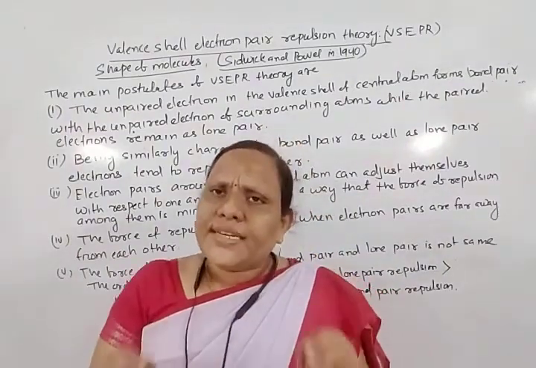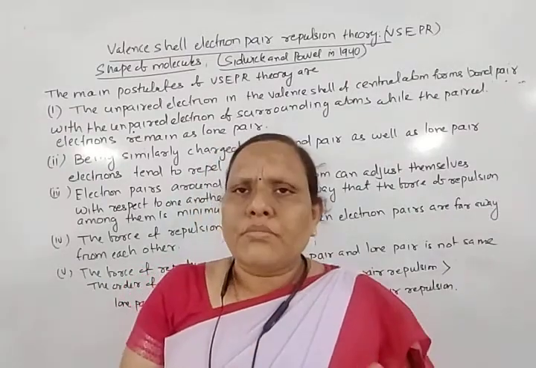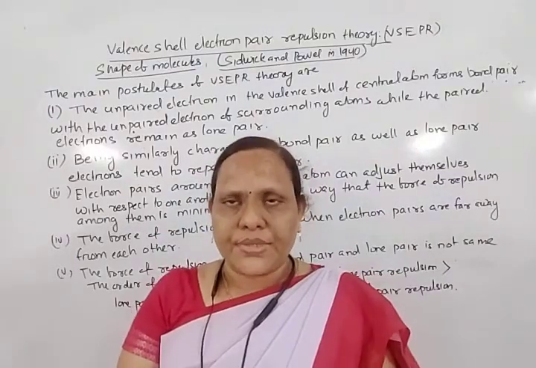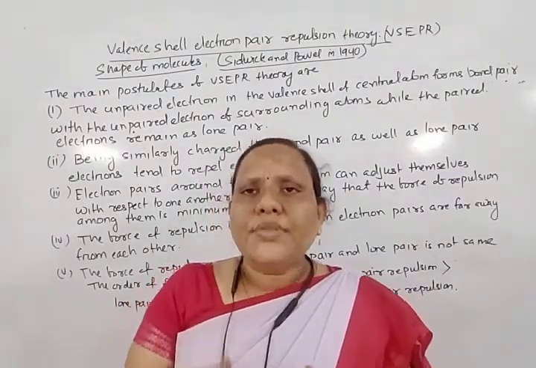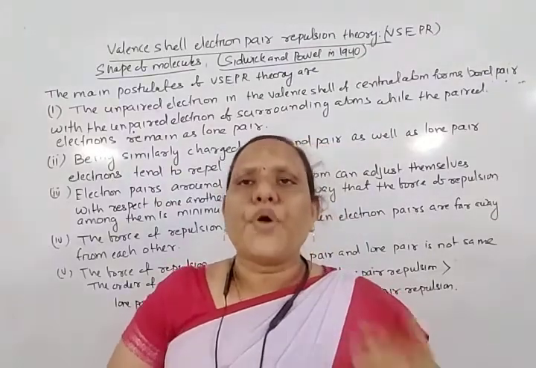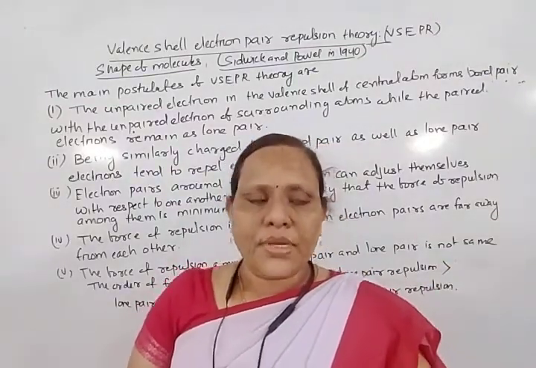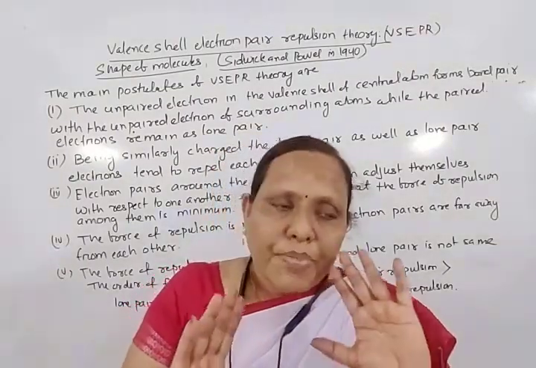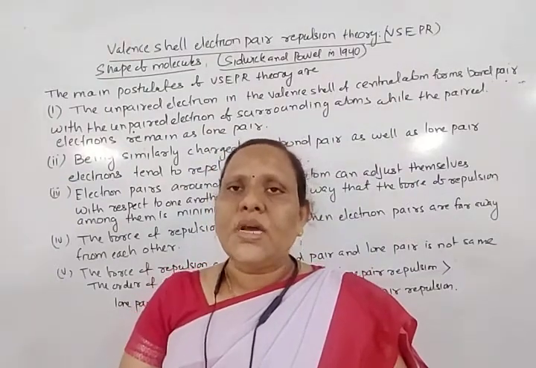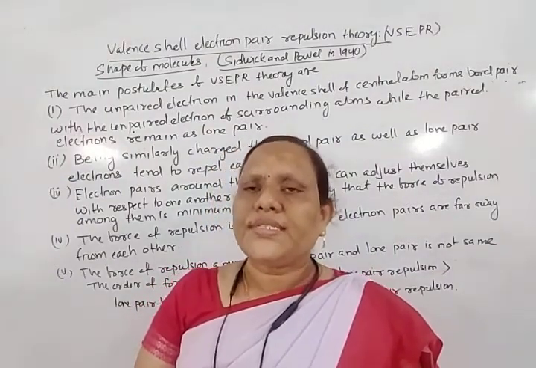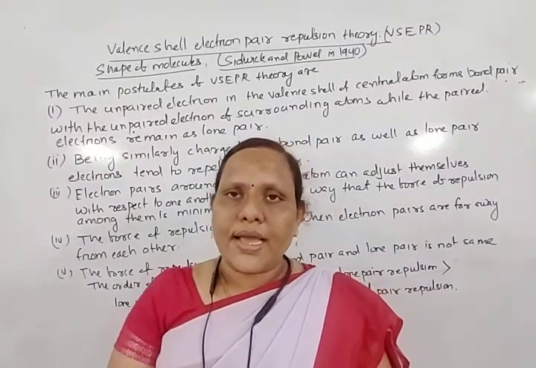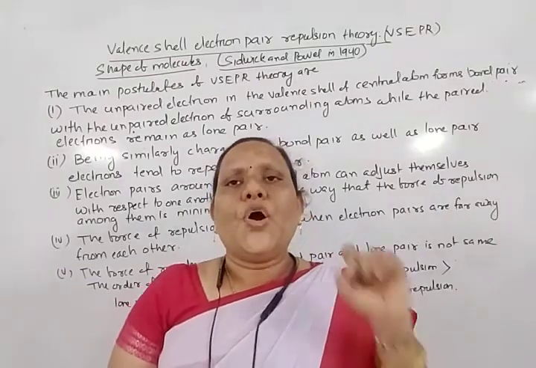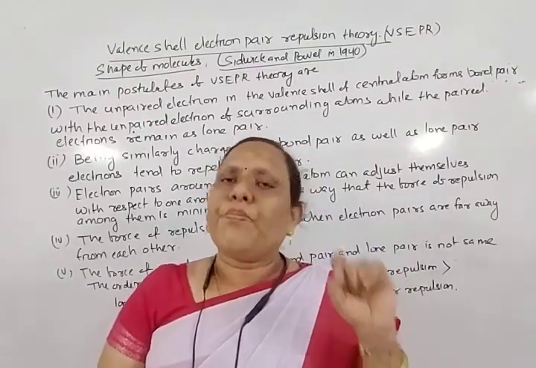In this way, the central atom is surrounded by a number of unpaired electrons and a number of paired electrons.